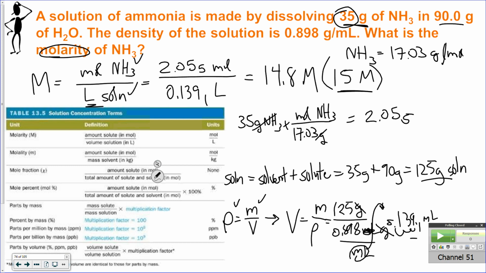Everything except molality has solution on the bottom of the fraction. Molality is the only one that's different: it's kilograms of solvent, not solution. Everything else is solution on the bottom, whether it's grams of solution or liters of solution.